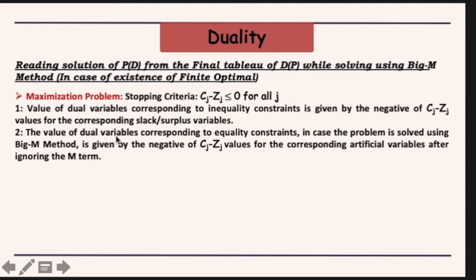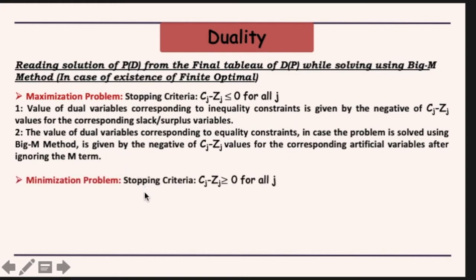The value of the dual variables which correspond to equality constraints is obtained by taking the negative of the Cj minus Zj values, ignoring the M term and then taking the negative of the remaining expression which we have. I hope you all know that every equality constraint will indicate the presence of an artificial variable, and that would correspond to a dual variable which would be non-negative.